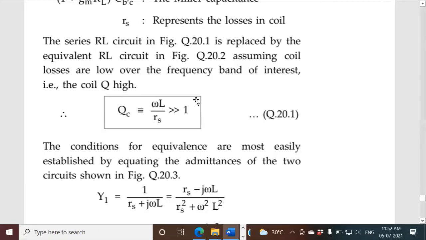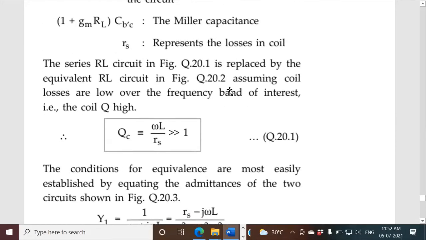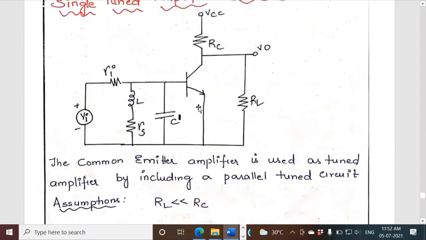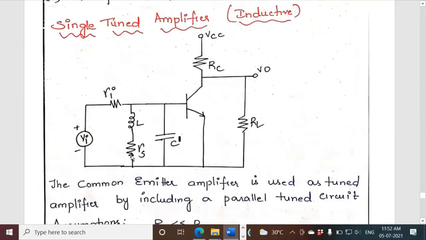Now we will find the equivalent of this combination. What is the impedance here?